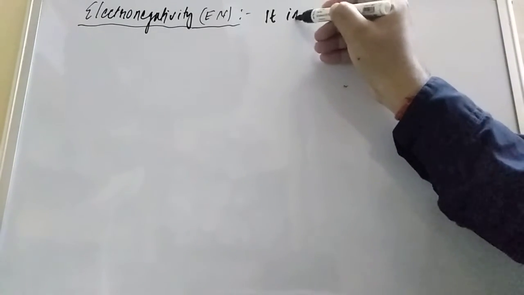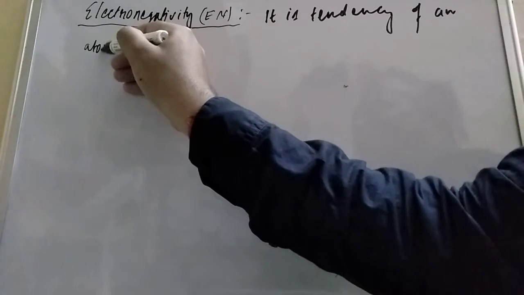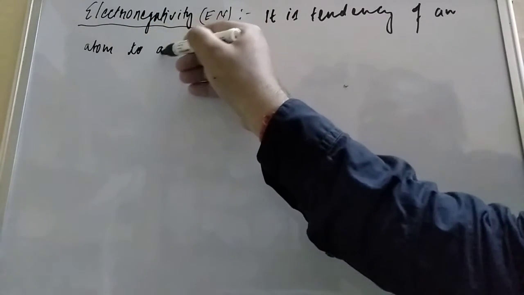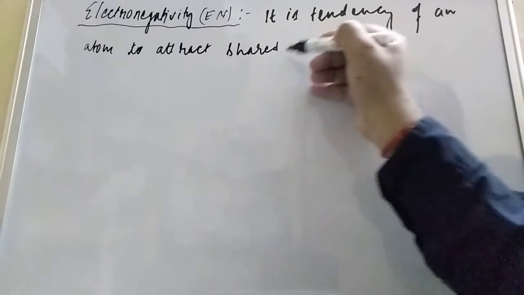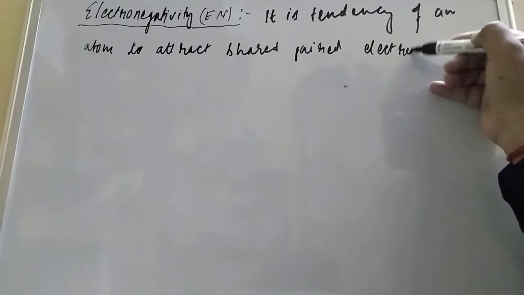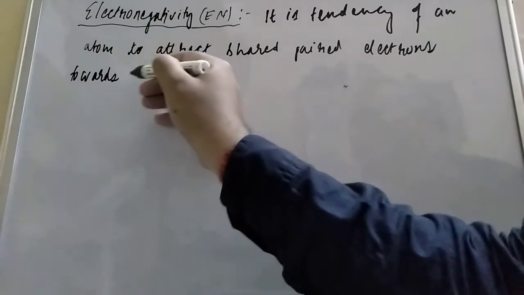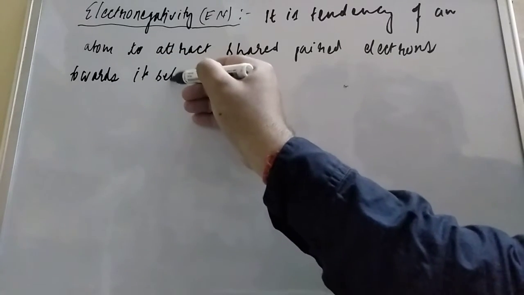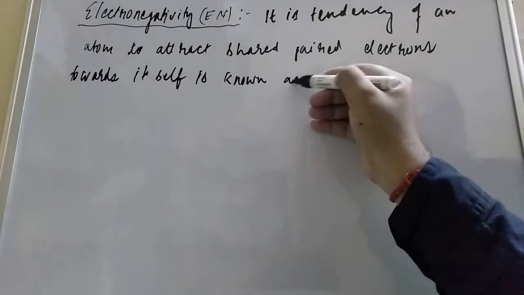It is the tendency of an atom to attract shared paired electrons towards itself. That is known as electronegativity.